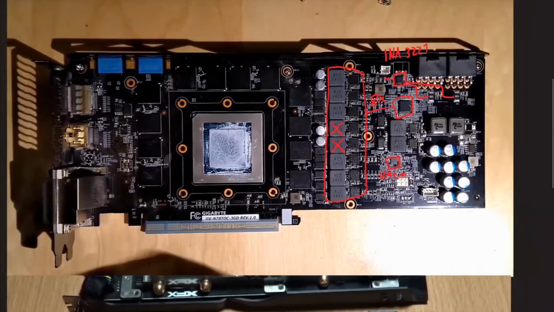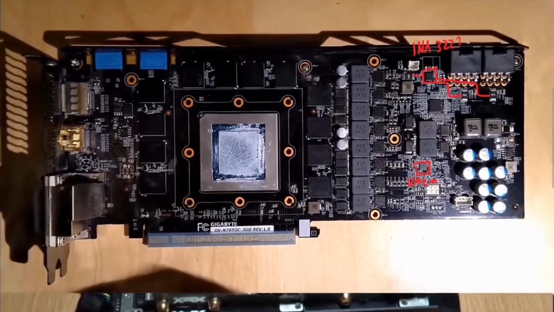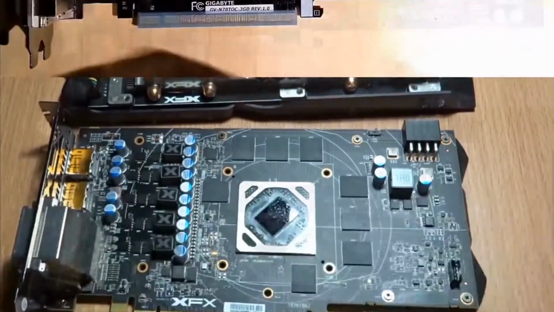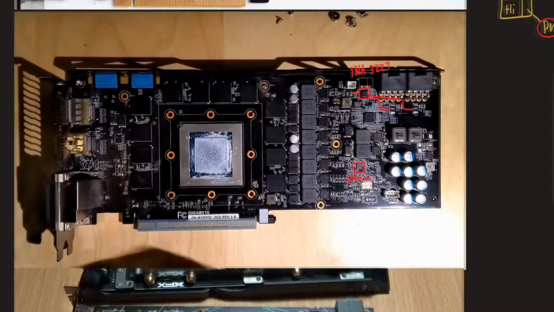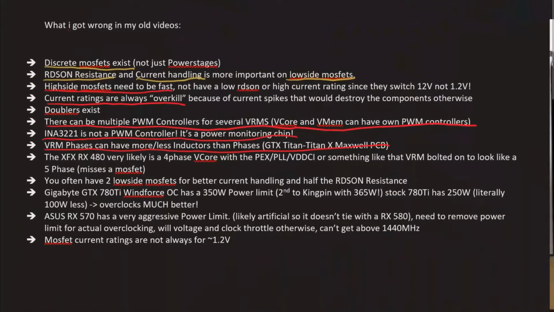It's like a cost saving measure basically. So you don't need as many inductors as you have MOSFETs. That's just a thing that exists and that I wanted to throw out.